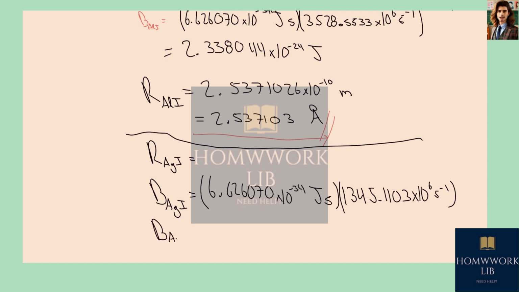So the value for B of AgI is equal to 8.91279501 times 10 to the minus 25 joules.